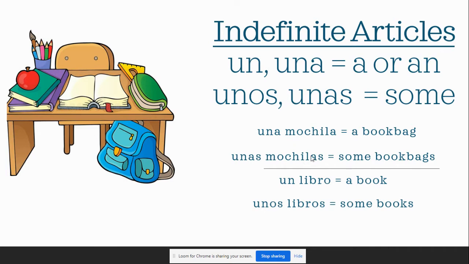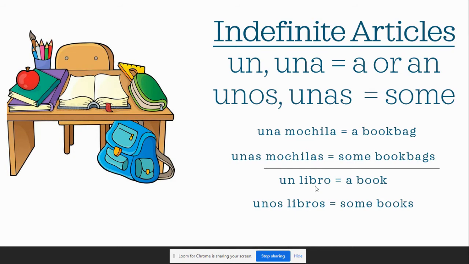In Spanish, if I have a plural feminine noun, I would use the indefinite article unas to express some. If I have a singular masculine noun, and they typically end in O, I would use un to apply my indefinite article.